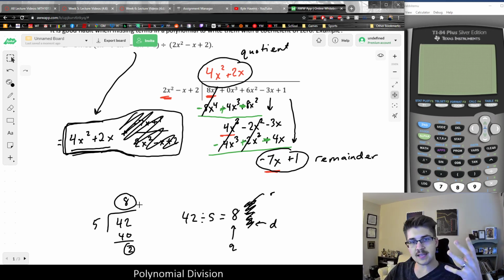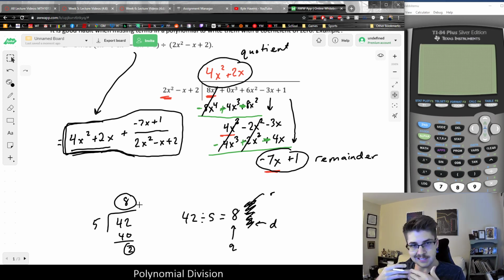What would happen is we're just left with a polynomial, one polynomial which perfectly goes into another. And we're going to talk a lot about how that connects to factoring when we get into chapter 5. So in chapter 5, we're going to talk a lot about different methods of factoring polynomials, but also how you can use division to factor, which is something that's less commonly discussed.